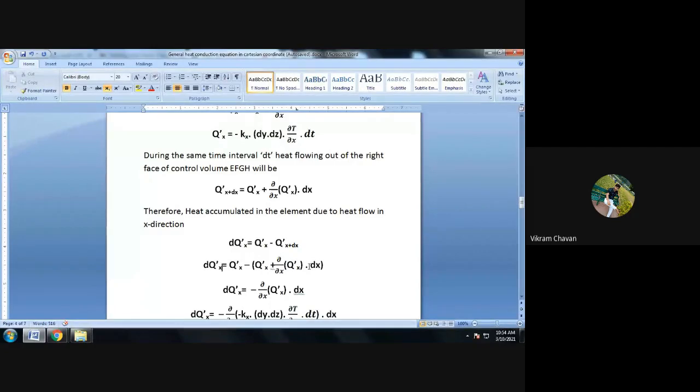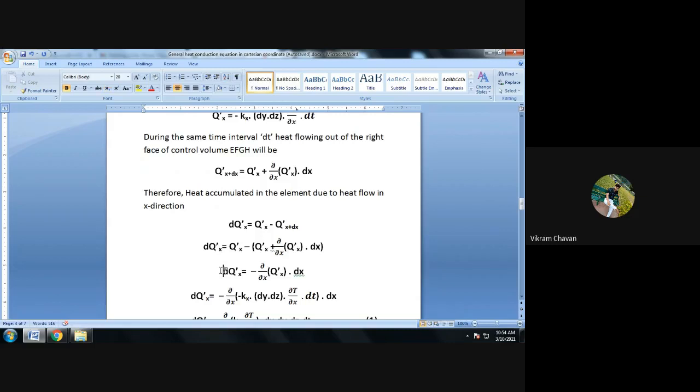Getting everyone? Now this q dash suffix x minus q dash suffix x will be cancelled, and we will get the equation dq dash suffix x equal to minus the differentiation of q dash suffix x with respect to x multiplied by dx.